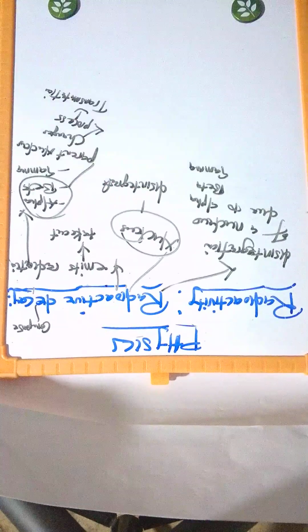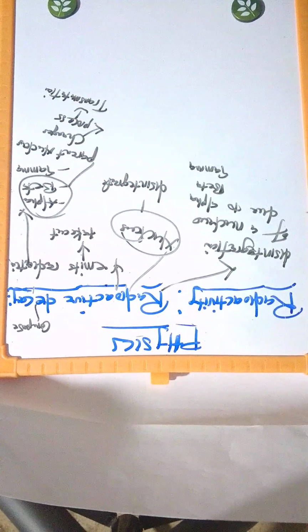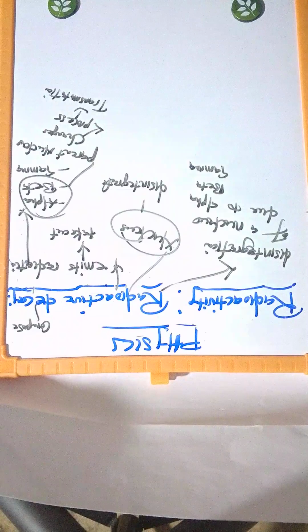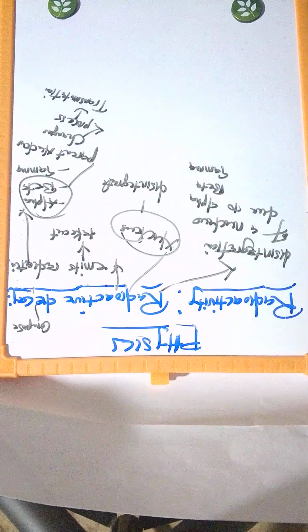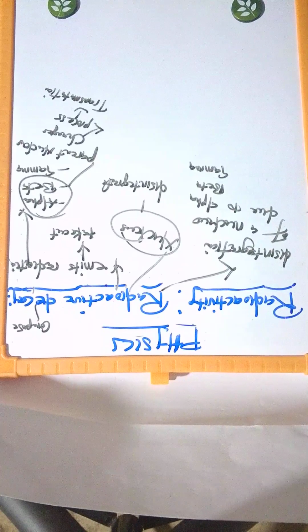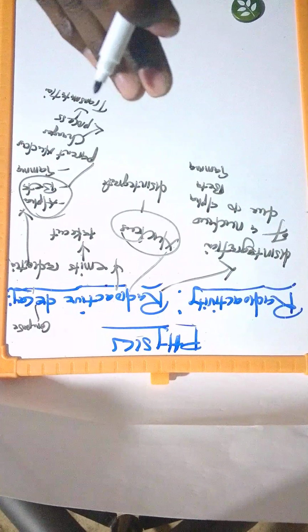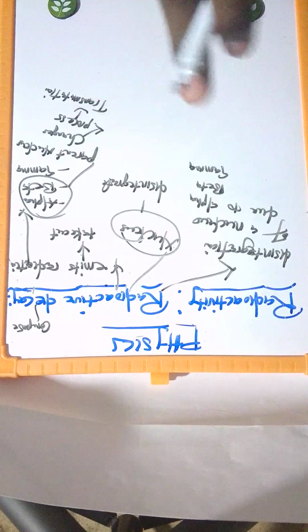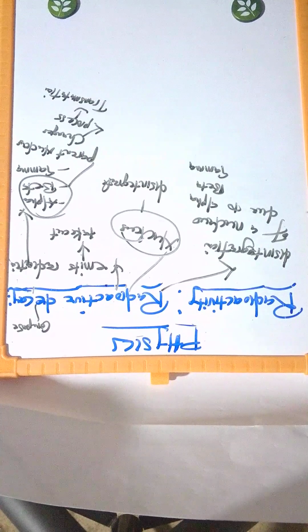All in all, radioactive decay is the disintegration of a nucleus or nuclei due to alpha, beta, and gamma processes. To disintegrate is the same as to split, in order for this nucleus to become stable.